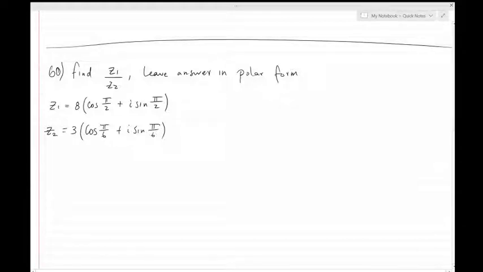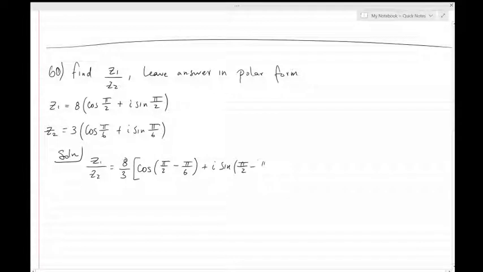Okay, so z1 over z2 is given by 8 over 3 times cosine of pi over 2 minus pi over 6 plus I sine of pi over 2 minus pi over 6, and all of that inside of the parentheses.